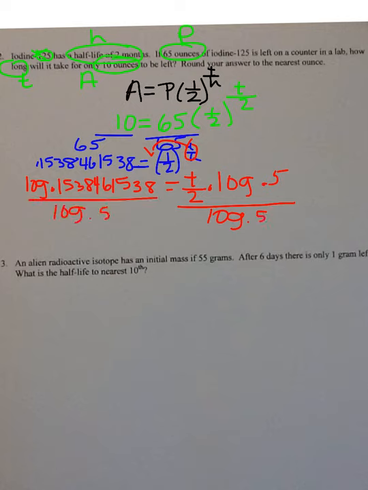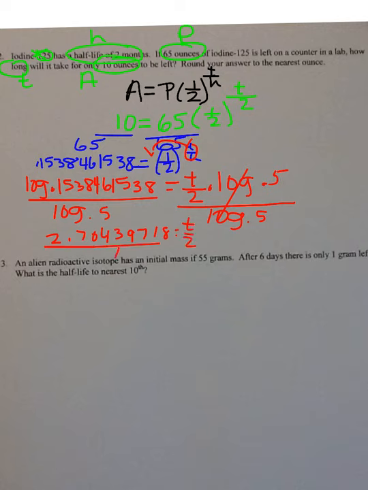So plug that in your calculator. Log 0.1538461538 divided by log 0.5 is 2.70439718 equals T over 2.